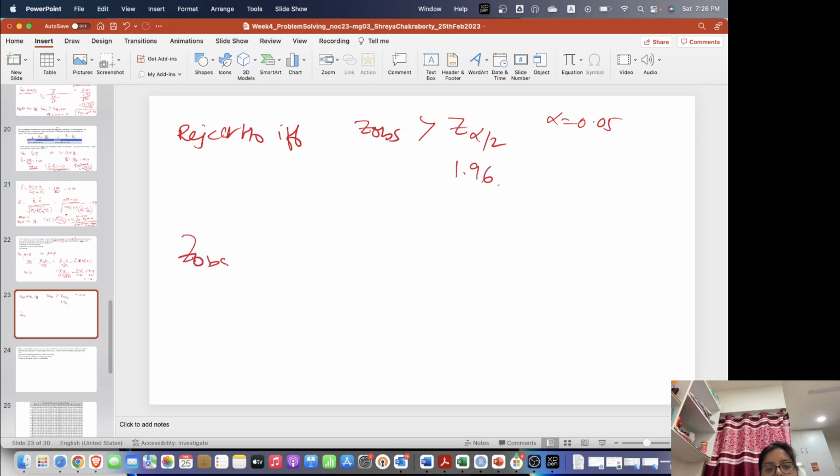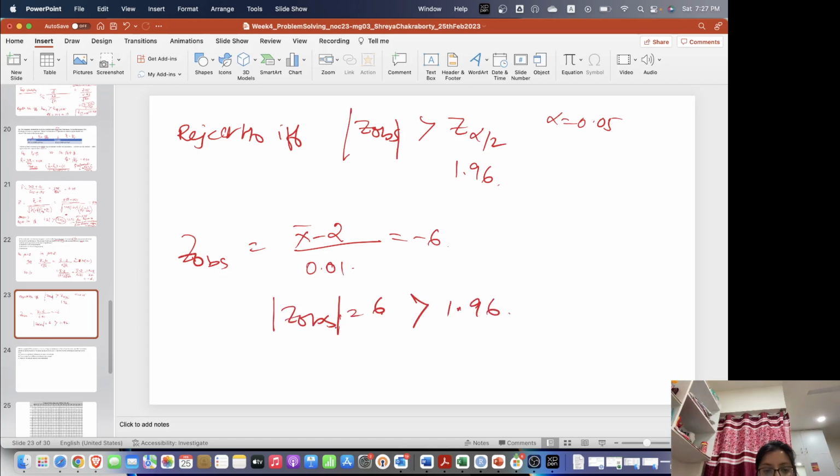Our Z observed, that is x bar minus mu under H naught, x bar minus 2 by 0.01, is minus 6. So modulus of Z observed is 6, which is greater than 1.96. Hence we reject H naught and conclude that mu is not equal to 2.